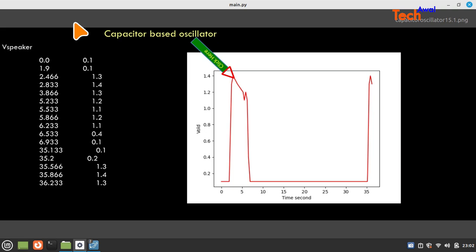Wherever it feels a sharp change, it will make a tick. So when the transistor becomes active, it makes a tick, and when the transistor becomes inactive, it makes a tick. That is the story of the speaker.